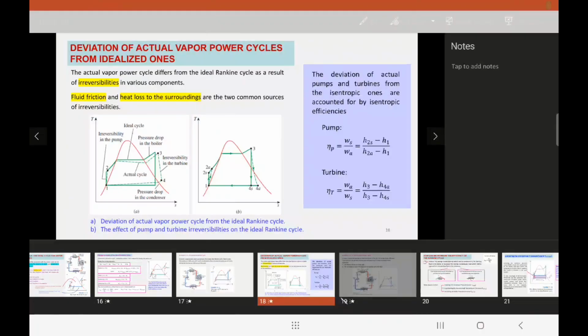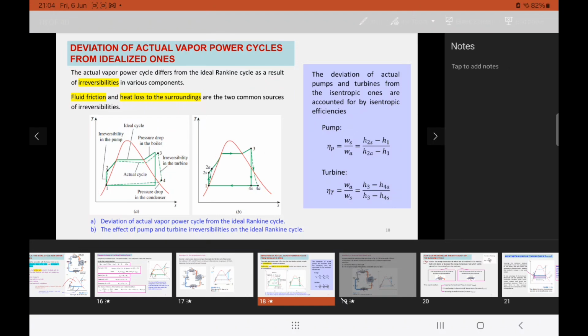11.1. Now that we know how the ideal Rankine cycle works, we want to see how the actual vapor power cycles compare to the ideal Rankine cycle. Basically, the actual vapor power cycle differs from the ideal Rankine cycle as a result of irreversibilities in various components.